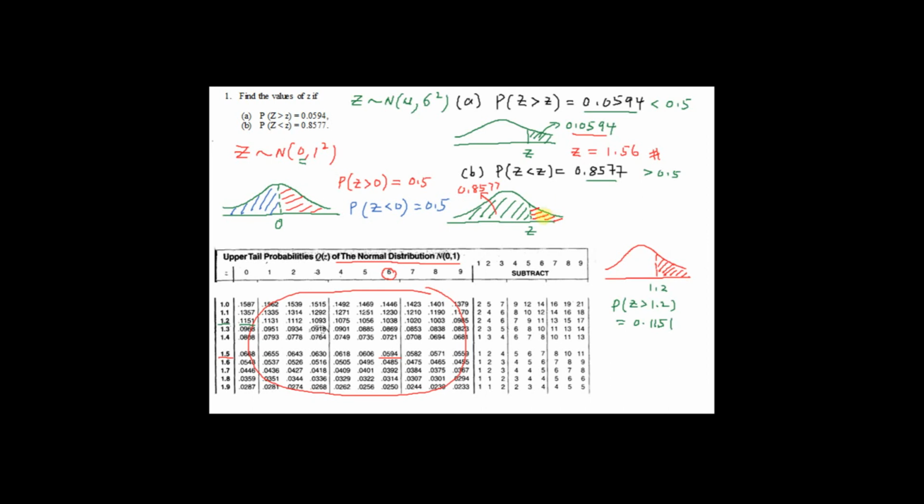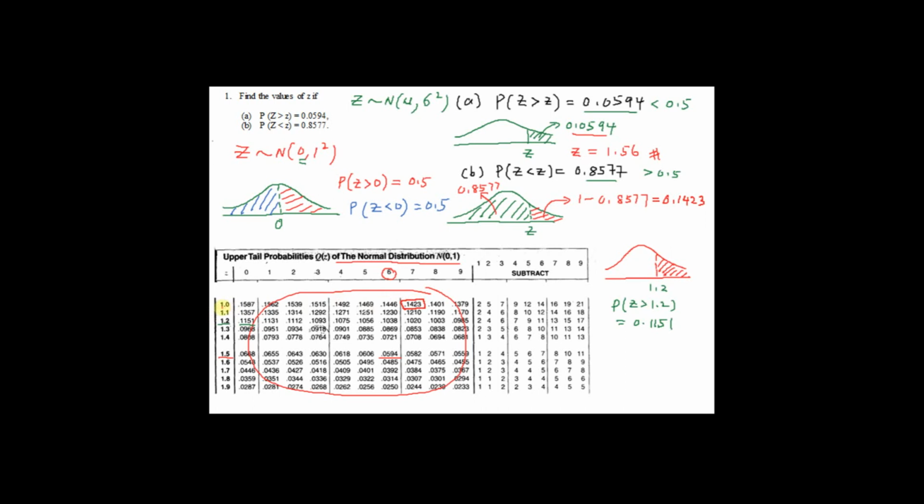So you have to find the probability here, which is equal to 1 minus 0.8577. This equals 0.1423. Now you know the probability on the upper tail. You can get it directly from the table. 0.1423 is somewhere around here. So we have to find the z-score.